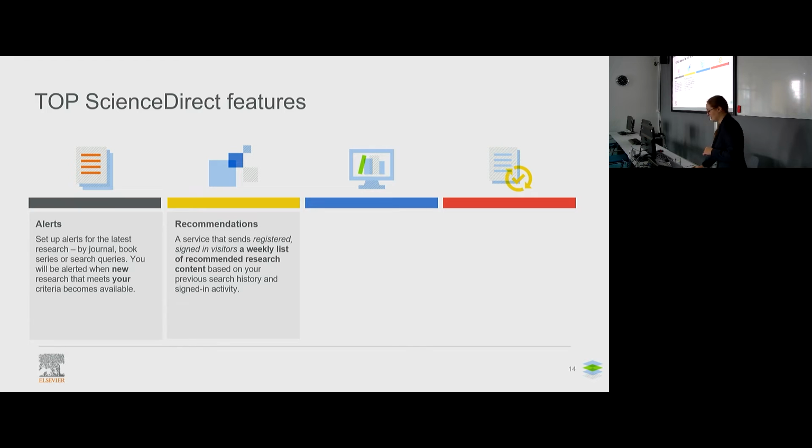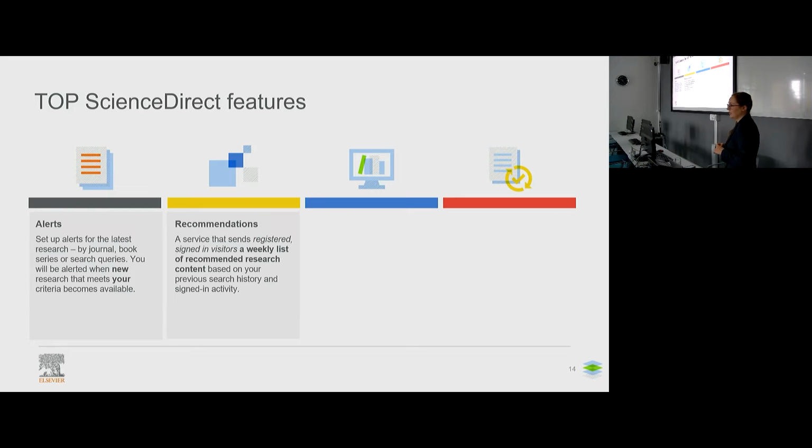The second one is recommendations. This is something that will be there for you automatically, so you don't need to open or create it. Alerts you need to create on your own; recommendations are already there. This is a service that will recommend articles and materials based on your activity.